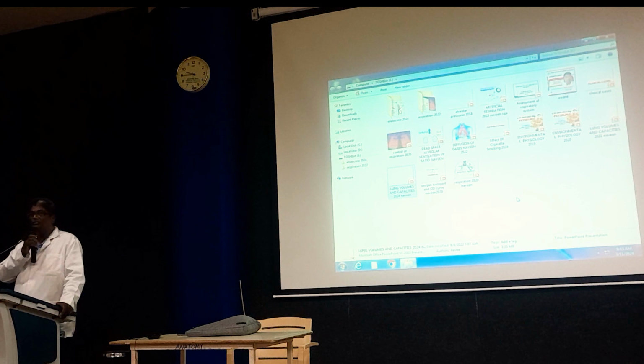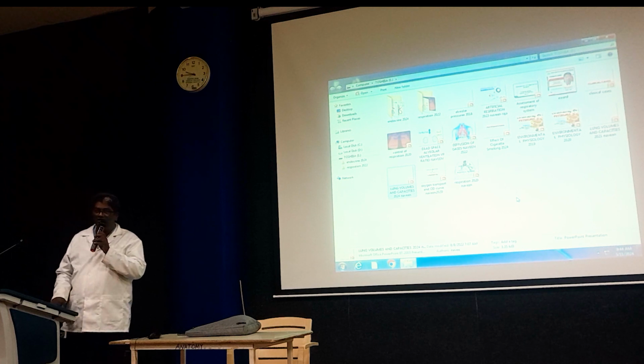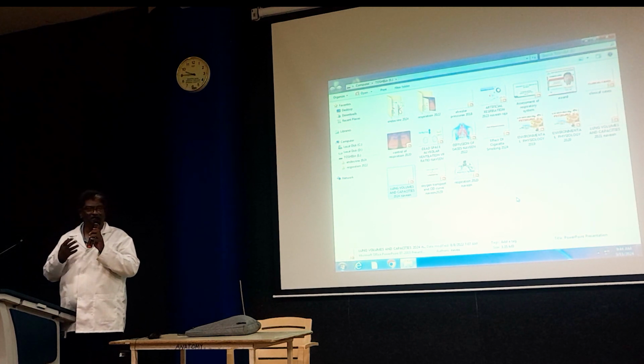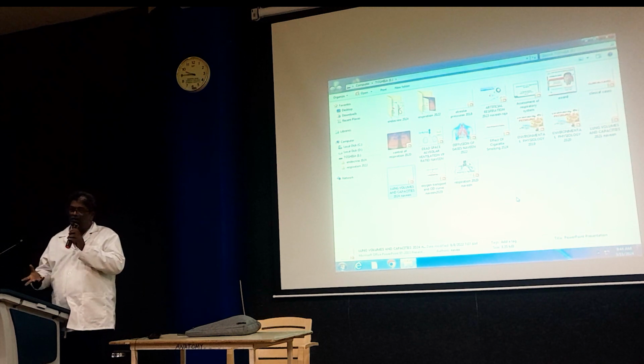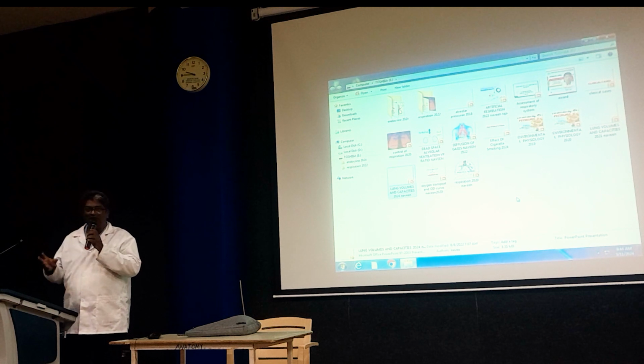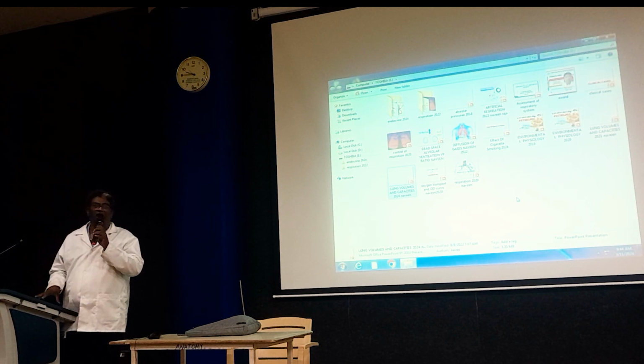the hypothalamus synthesizes the releasing hormones, and these releasing hormones stimulate the pituitary gland. For example, I have taken the thyrotropin releasing hormone.